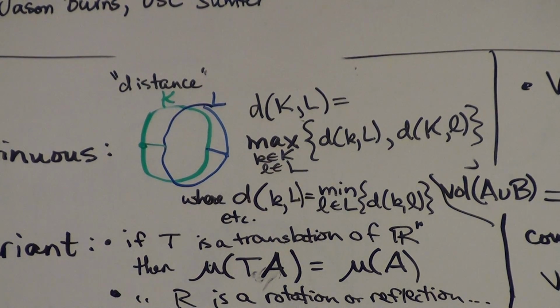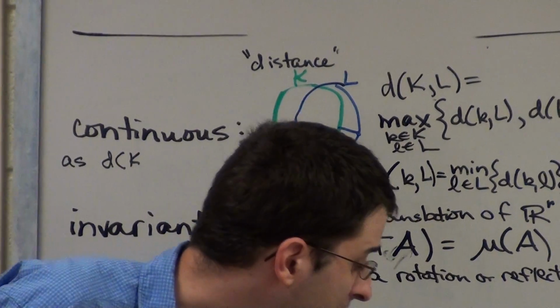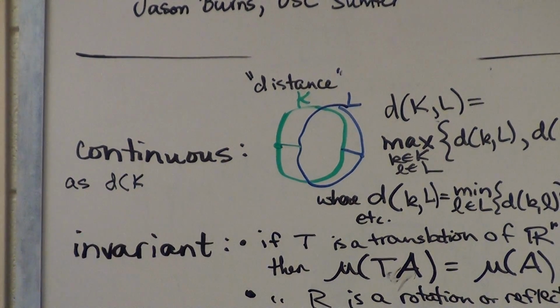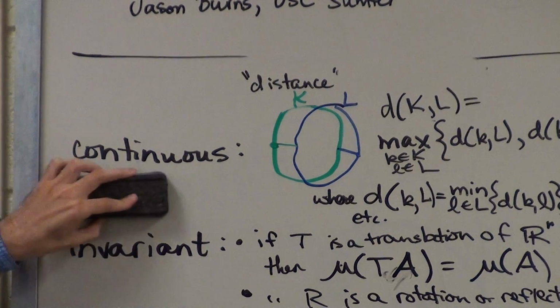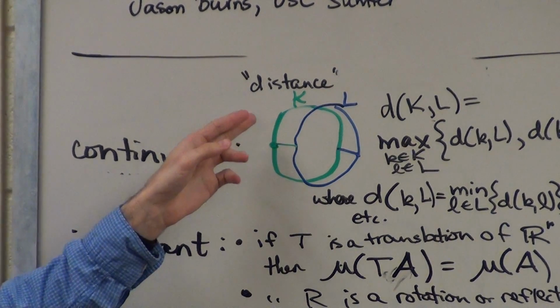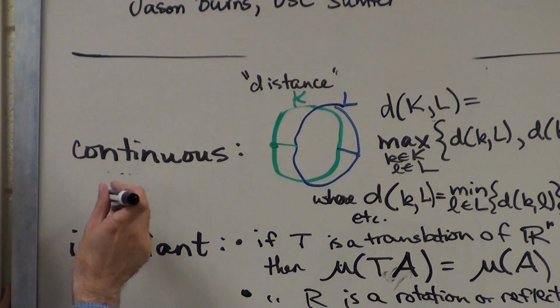So that's distance. So continuous just means, once we have that, we can say K approaches F, so we can have a sequence here.